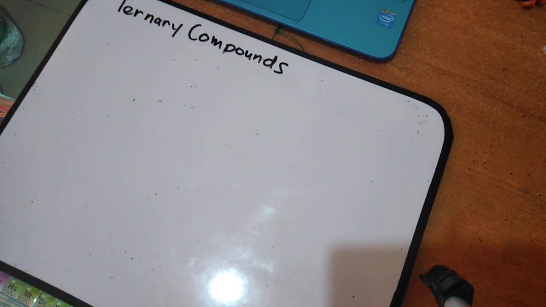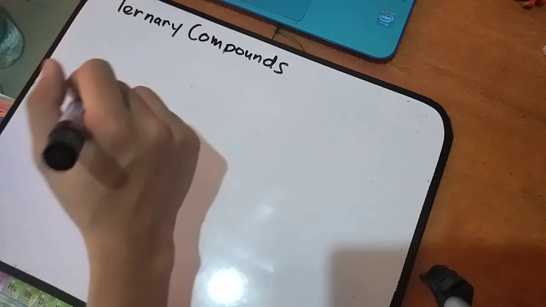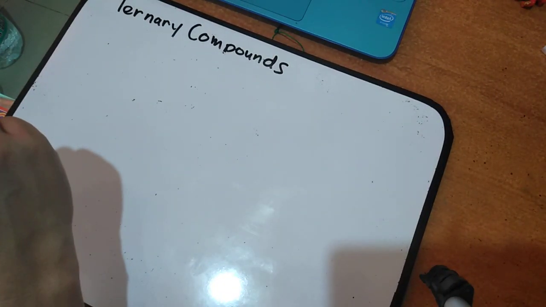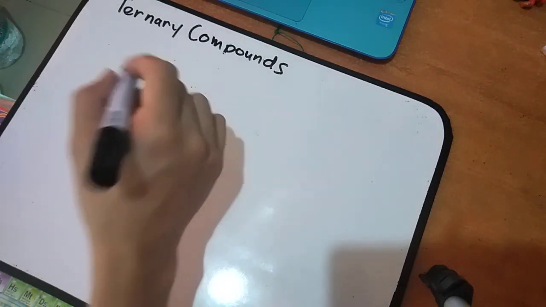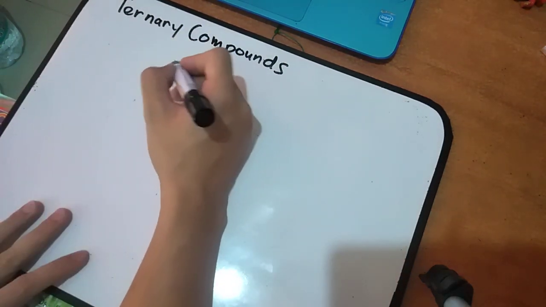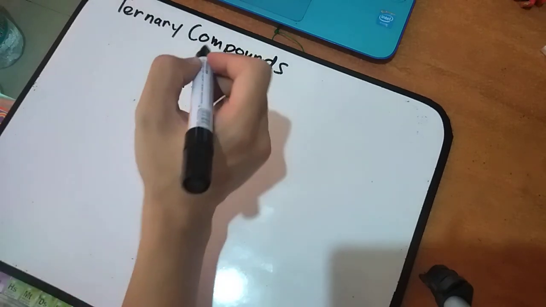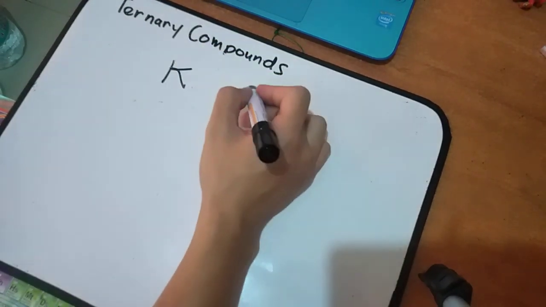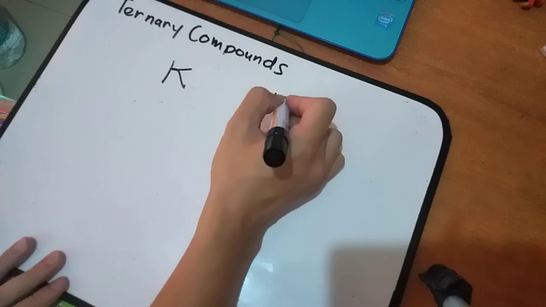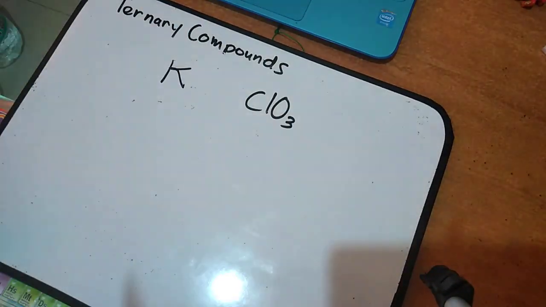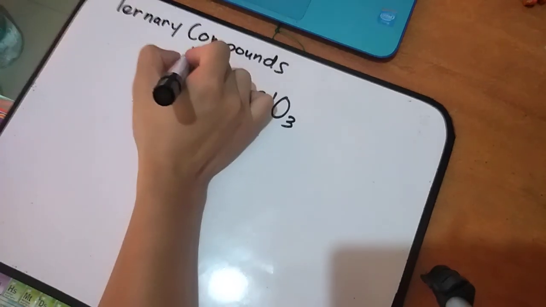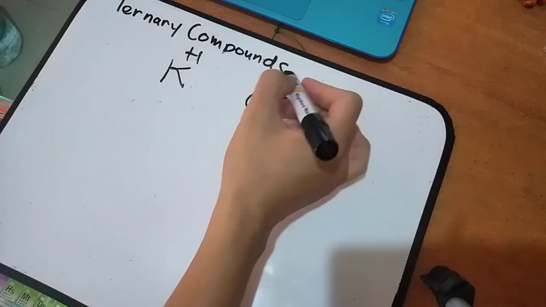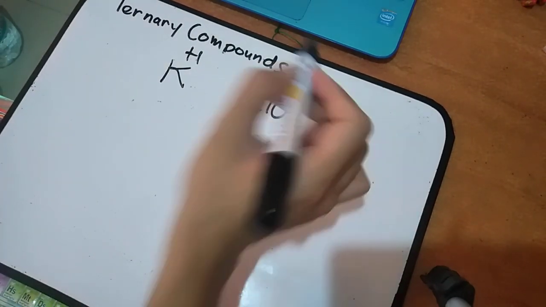So last sample, let's have potassium and then ClO3, which is chlorate. So what's the charge? Potassium has a charge of positive 1. Chlorate has a charge of negative 1.